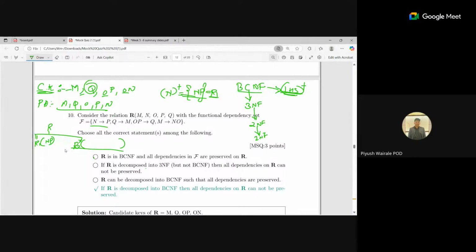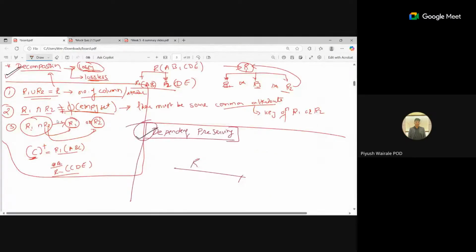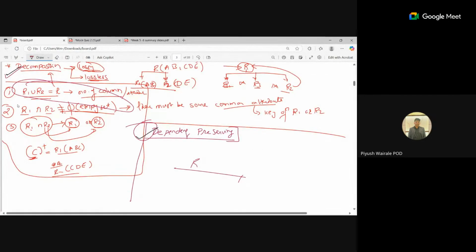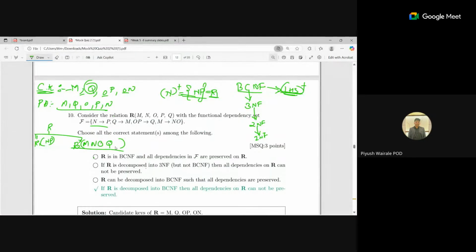MNOQ, plus one common attribute. Yes, N is common. M and OQ, because we have to cover all the attributes here. Now we need to find the common attribute such that it gives me either R1 or R2 based on the second and third condition. So which should I add, N or P? Okay, N is already added.